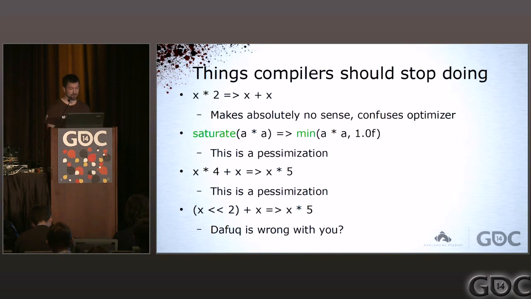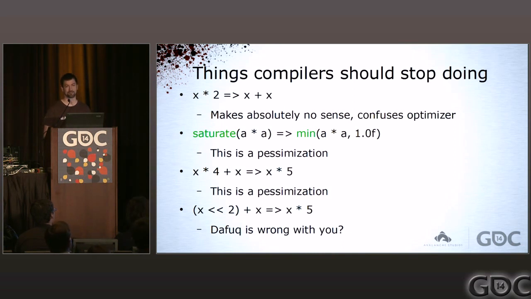As for the compiler side, there are some things that compilers are doing that I think they shouldn't be doing. The FXC compiler, for instance, if you multiply by 2, turns it into an addition. That might make sense for integers maybe, but for floats I really don't see the point of that, and it confuses the optimizers.